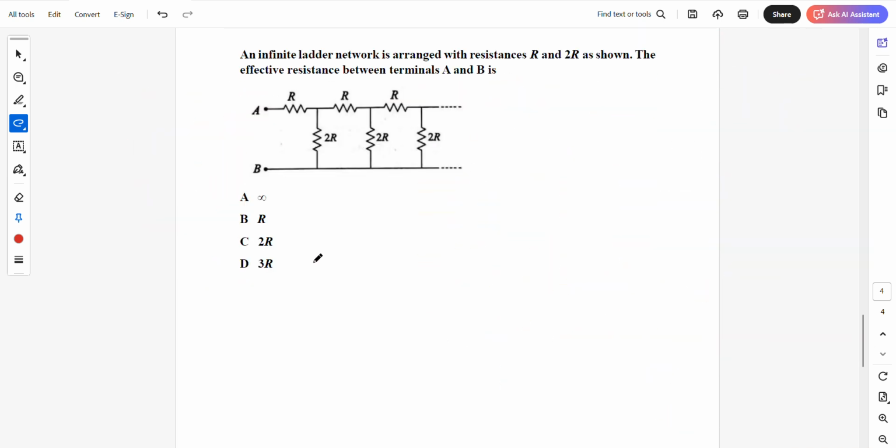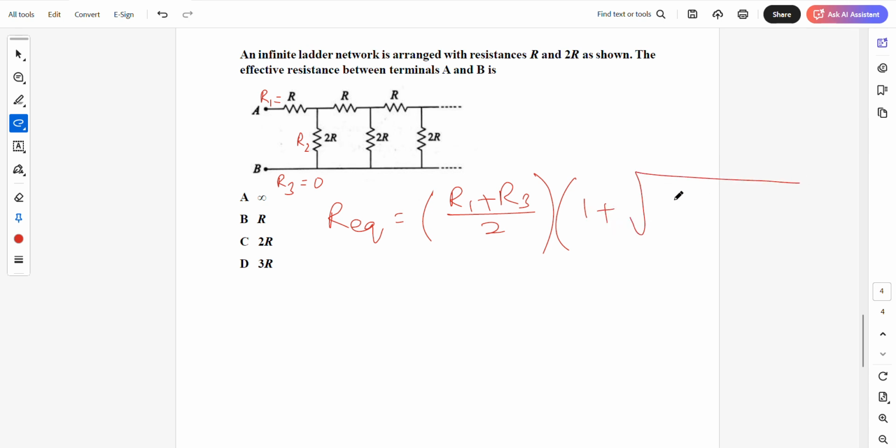Now what is the next problem saying? An infinite ladder, same. R1 is equal to R, this is R2, R3 is 0. Use the formula. What is the formula? R equivalent is equal to R1 plus R3 by 2 into 1 plus square root of 1 plus 4 R2 divided by R1 plus R3.